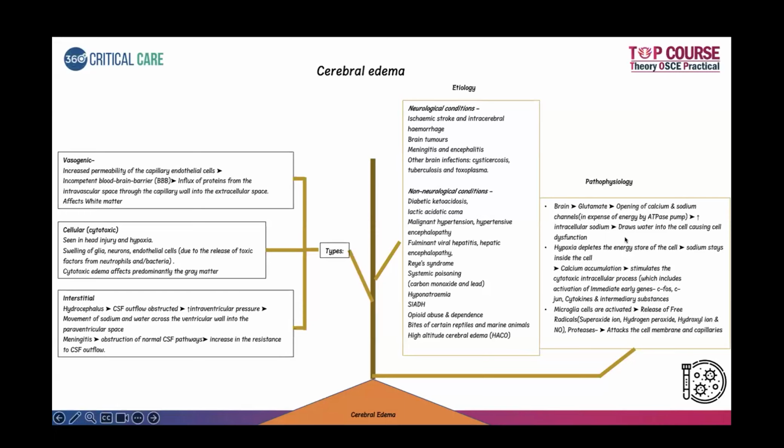And also there is influx and accumulation of calcium that can promote apoptosis and thereby cause further edema of the brain, and also direct injury to microglial cells and activation of microglial cells causing release of inflammatory mediators. So the pathophysiology pathway that I showed earlier also accounts for here, but you need to modify your answer a little bit to suit the cause of cerebral edema.